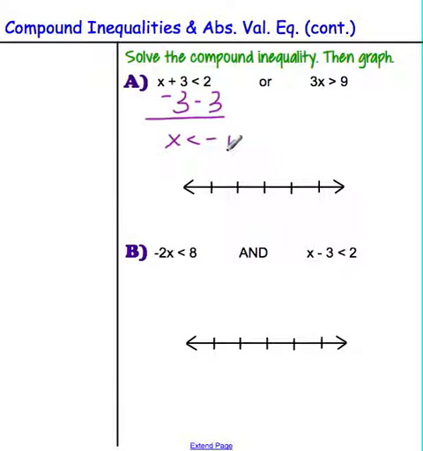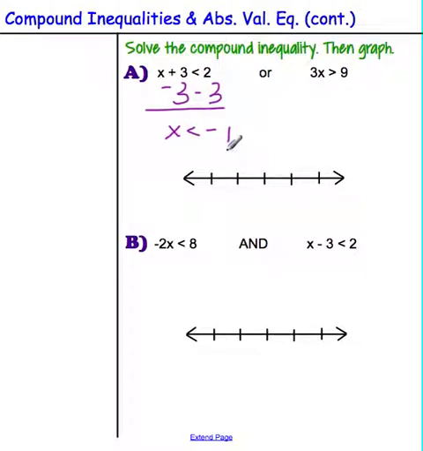And then on the other side, we have dividing by 3 on both sides, giving me x is greater than 3.